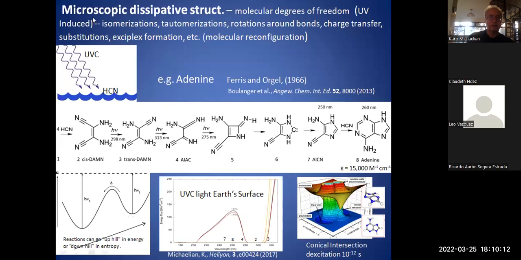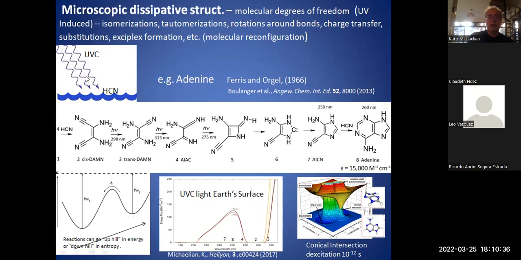Now, dissipative structuring for microscopic systems, like for example, the production of adenine, which is one of the bases of DNA. And as I mentioned, it was a UVC pigment at the beginning of life. So this microscopic dissipative structuring is over molecular degrees of freedom. And they are UV induced. They're induced by this UV light.